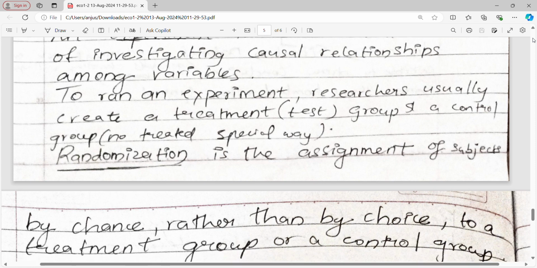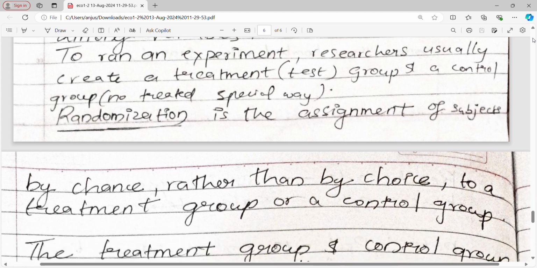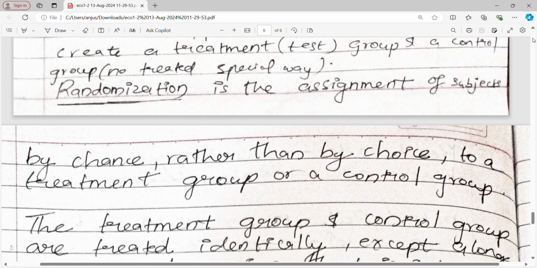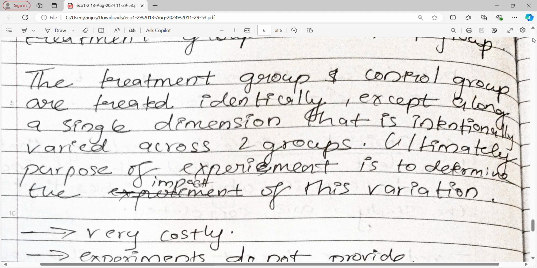Control group means there is no treatment, they are not treated in a special way. Randomization is the assignment of subjects by chance rather than by choice to a treatment group or a control group, randomly. The treatment group and control group are treated identically, except along a single dimension that is intentionally varied across the two groups.